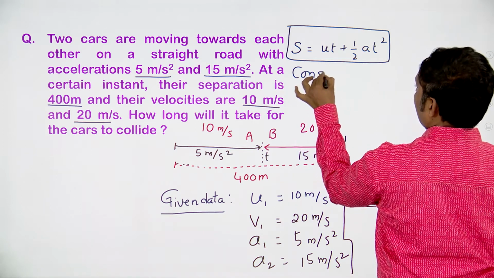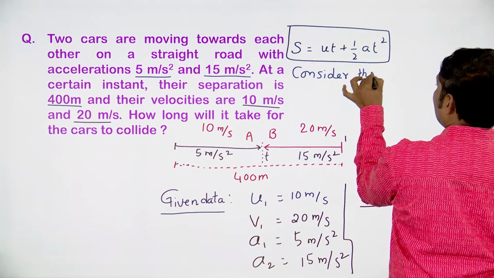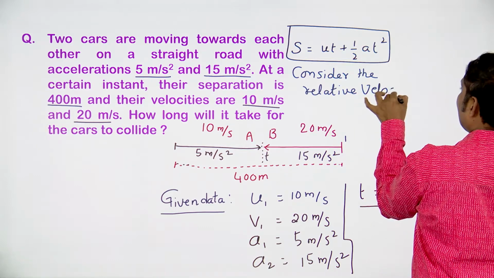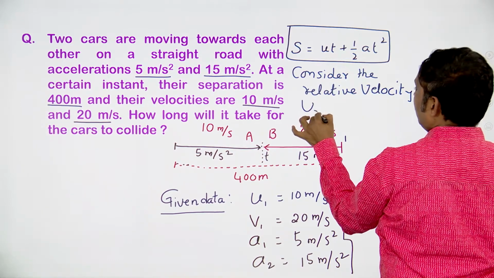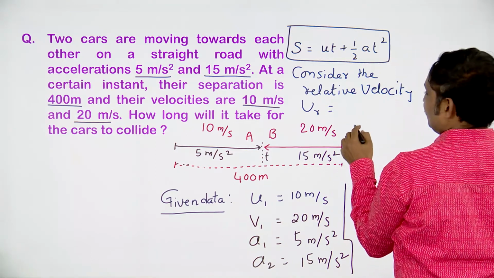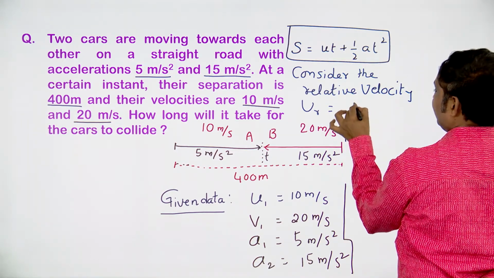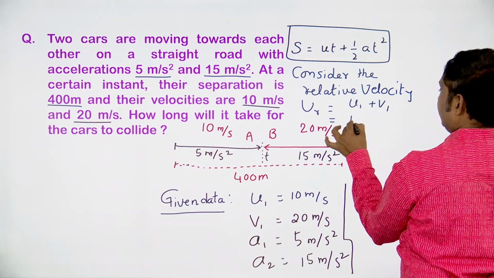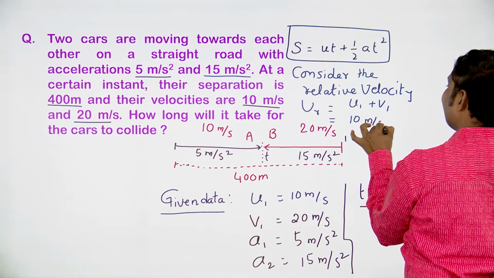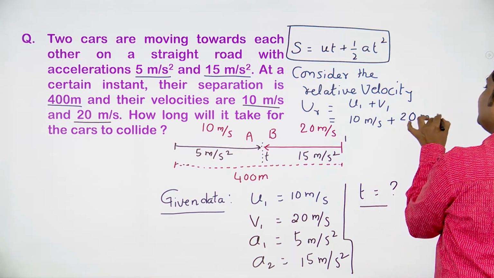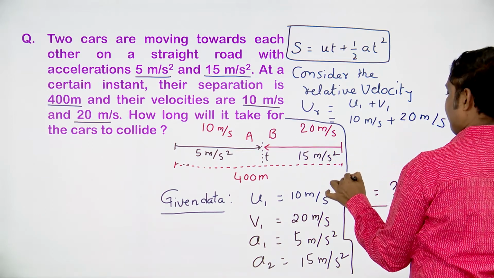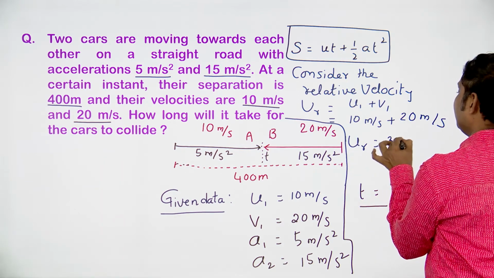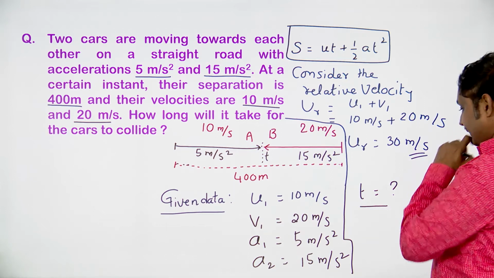So relative velocity UR is equal to U1 plus V1. So it is 10 meter per second plus 20 meter per second. It's very clear. Now you have that UR is equal to 30 meter per second.